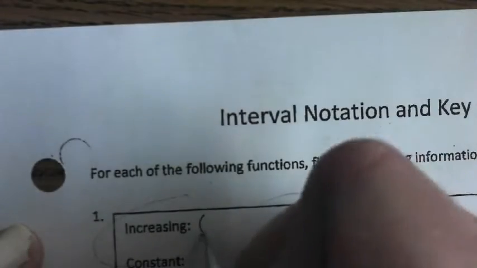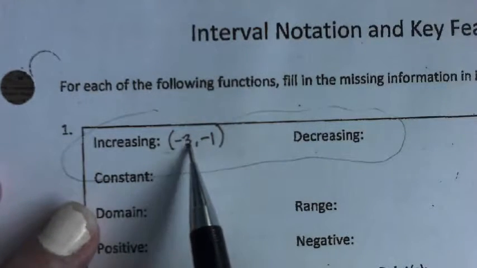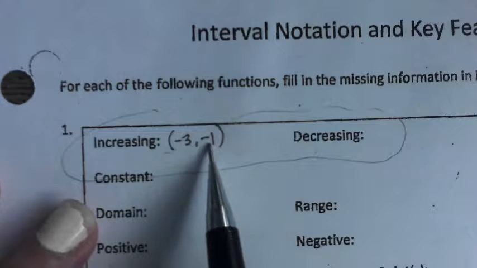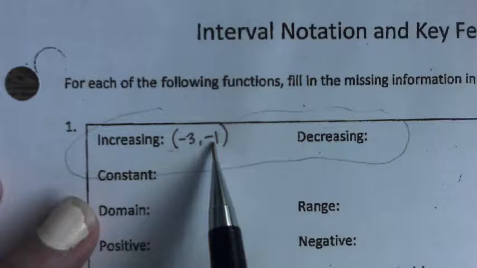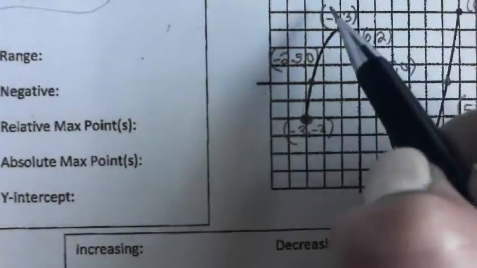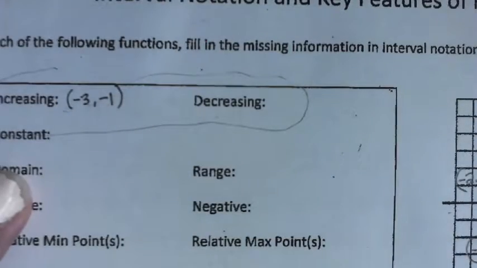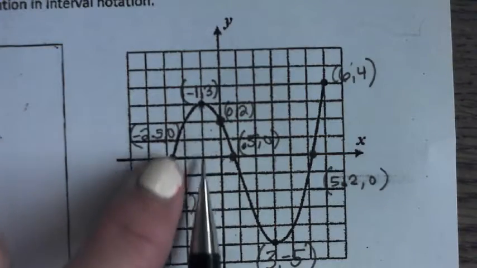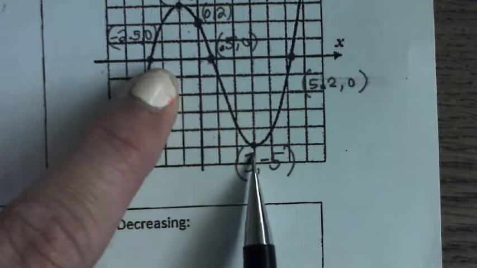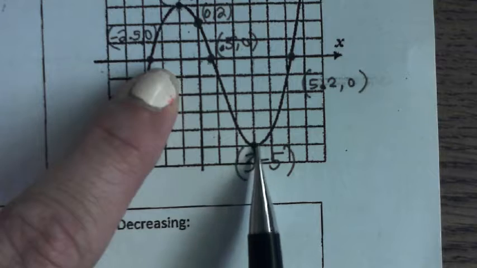So your interval notation would look like this, starting at -3 and ending at -1. And it's not actually increasing at -3 since it's an endpoint, and it's not actually still increasing at -1, which is why we don't use brackets, we use parentheses. Okay? Then it starts decreasing, starting at -1, and isn't it decreasing all the way to here, which is at what number? 3.